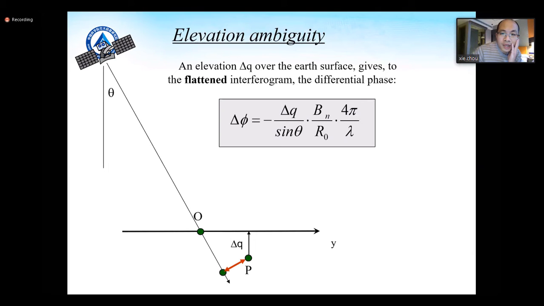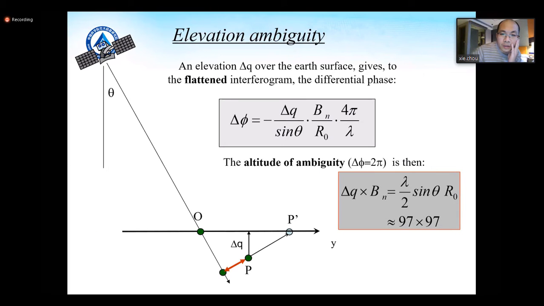The elevation of the surface gives rise to the flattened interferograms. The phase difference can be presented as the following formula, and the altitude of the elevation ambiguity is about 10,000.